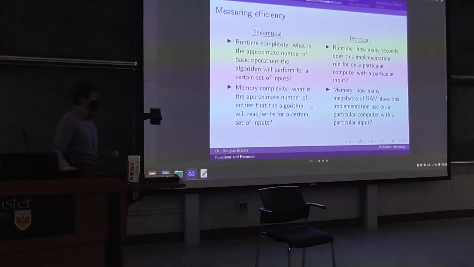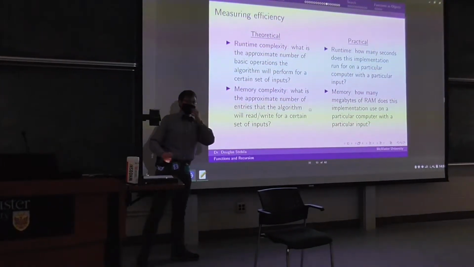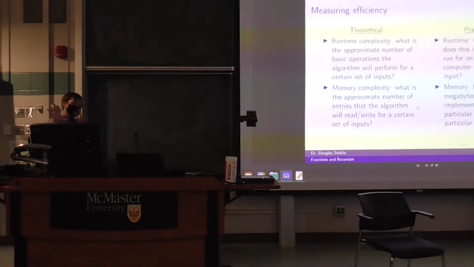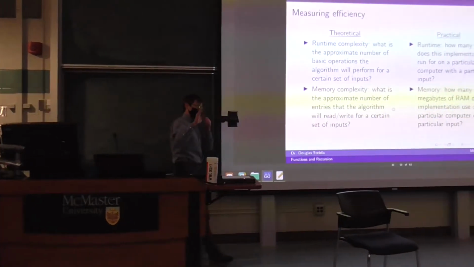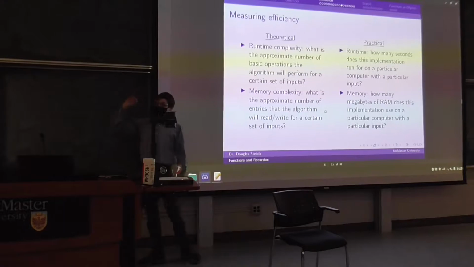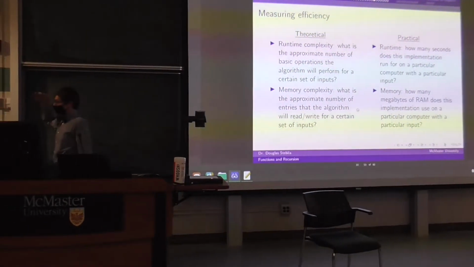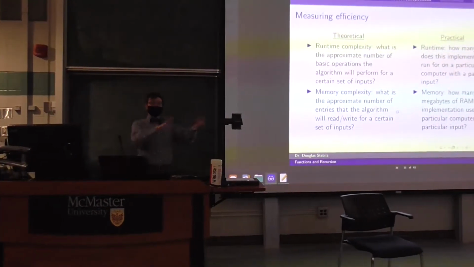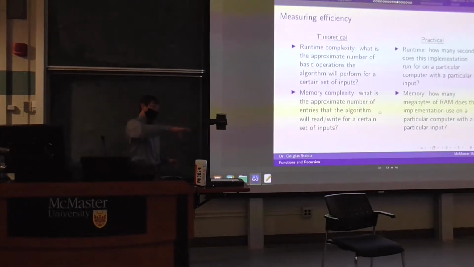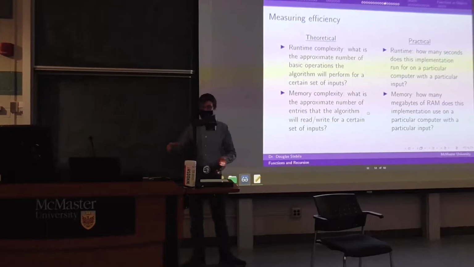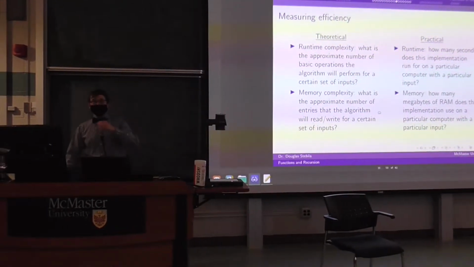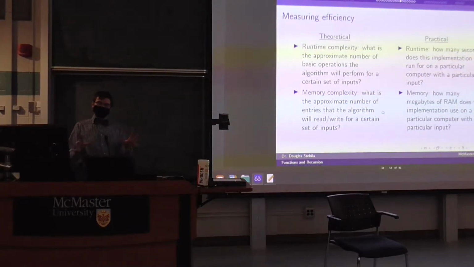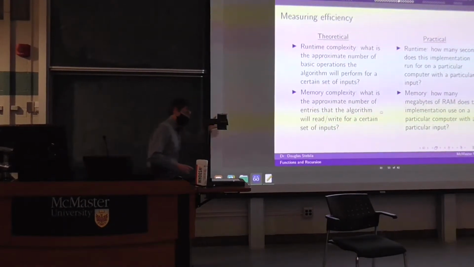So, memory complexity is a very similar idea. Our original implementation of the Fibonacci algorithm, while you can make the argument that the occupation of the call stack by that algorithm constitutes memory usage, if you think about just the declared variables, it didn't have any.